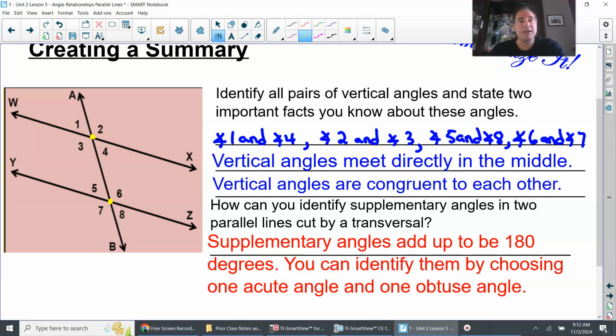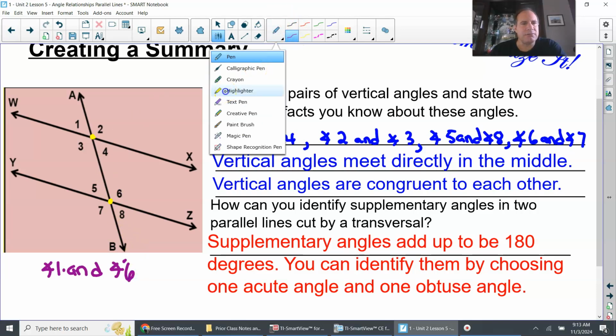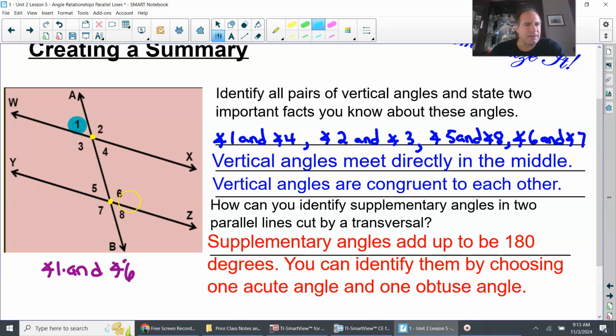So just as an example, angle 1 is an acute angle, and an obtuse angle like angle 6, even though they're not next to each other, angle 1 and angle 6, you see, they're still supplementary angles.